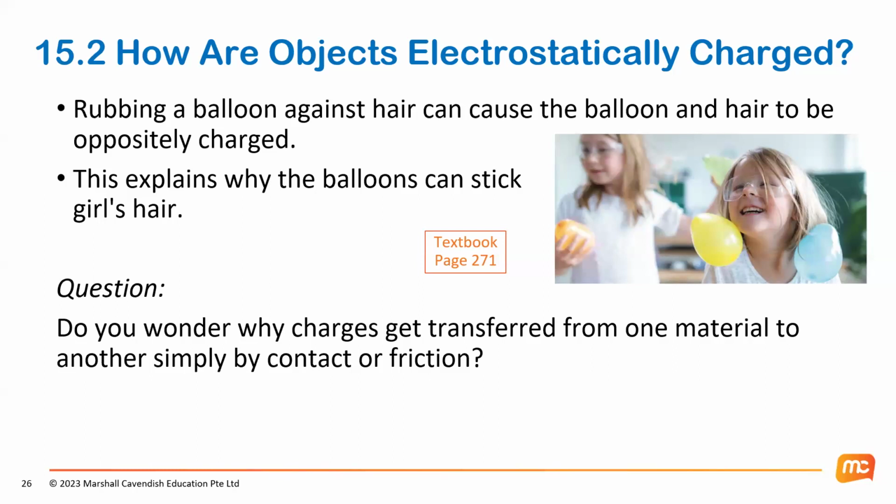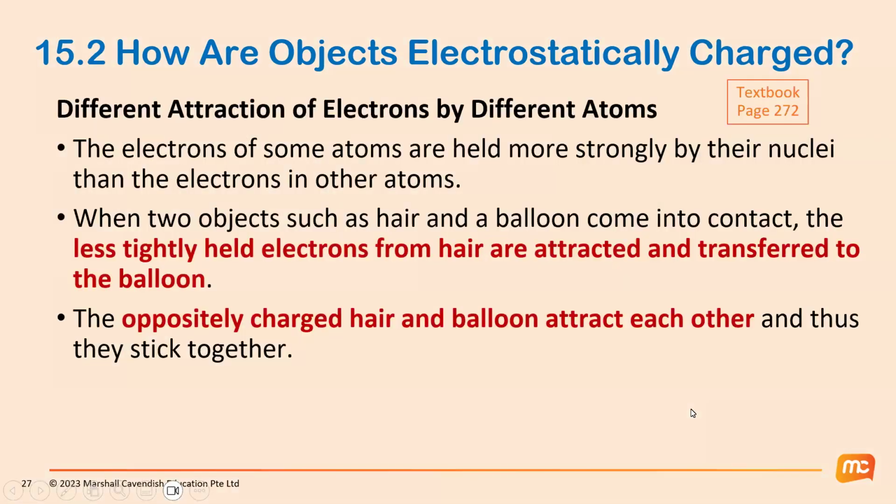And when two objects are rubbed together, they become oppositely charged. So when one is plus and one is minus, based on the law of charges, unlike charges attract, so that's why when you rub your balloon against your hair, you will see that your hair sticks to the balloon.